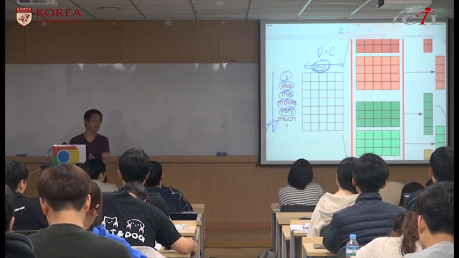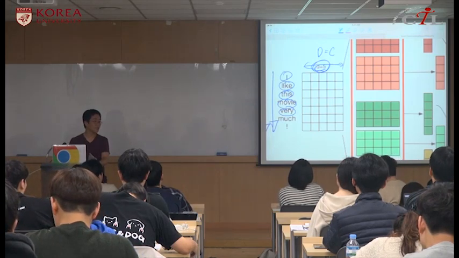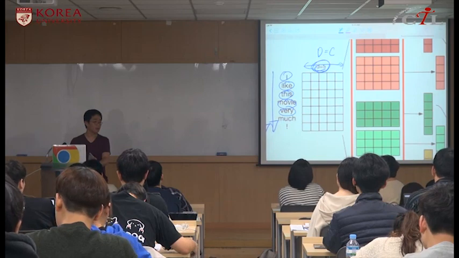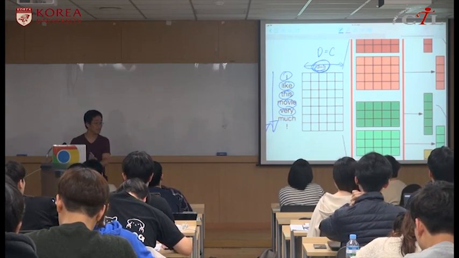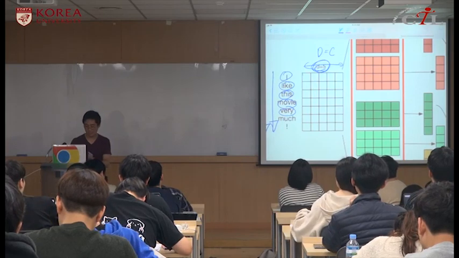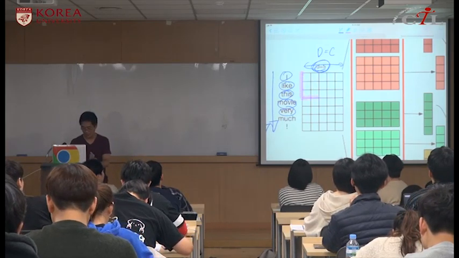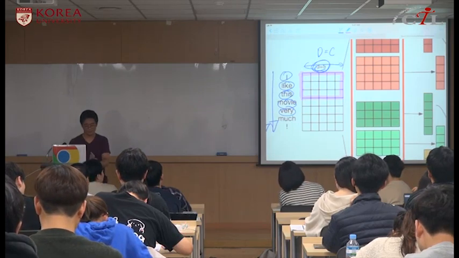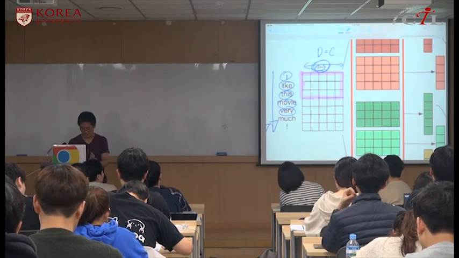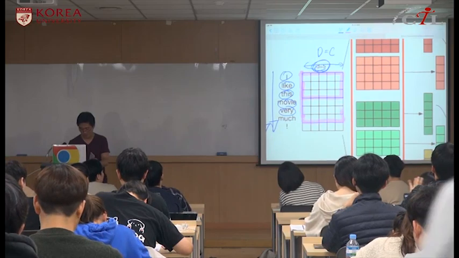But what about our filter size? This is one-dimensional data, and thus our filter size is just one-dimensional. So if our filter size is 3, not 3 by 3, then our filter is like this. If our filter size is 4 or 5, then our filter is defined like this.